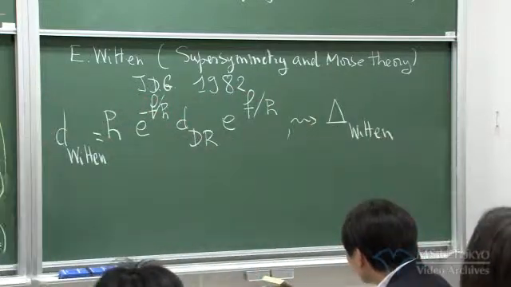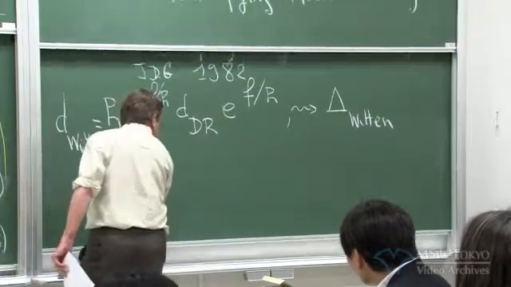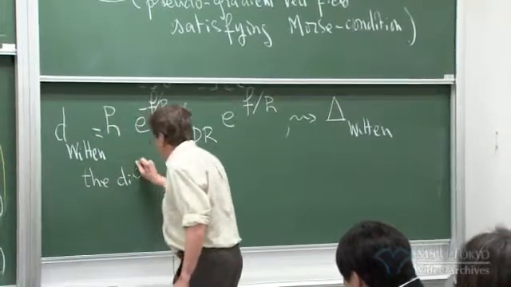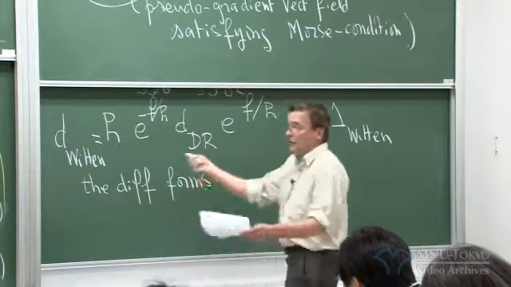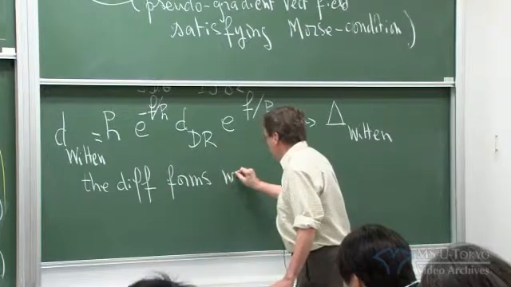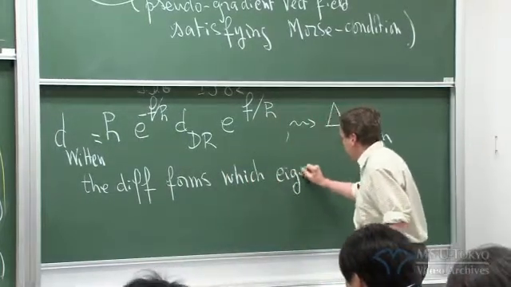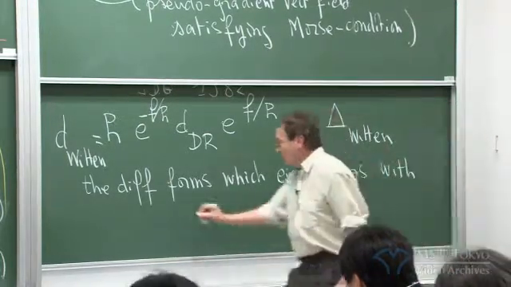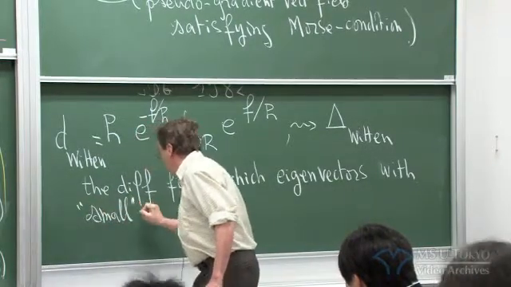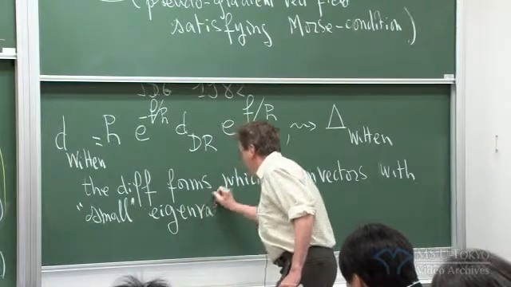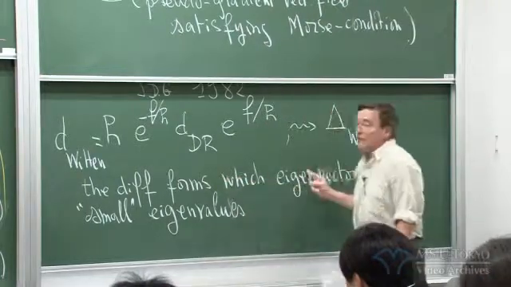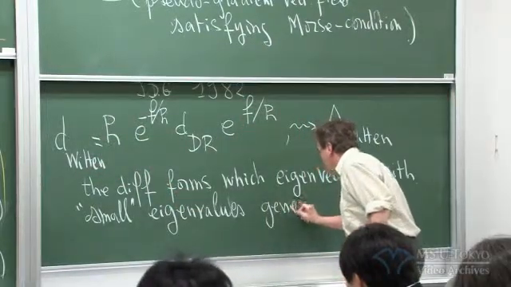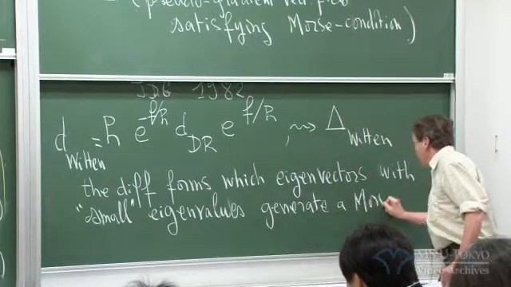And it has the following properties. If you look at the differential forms in any degree which are eigenvectors with small eigenvalues, these forms equipped with this differential generate a Morse complex.